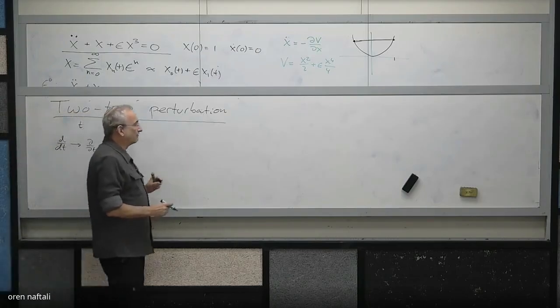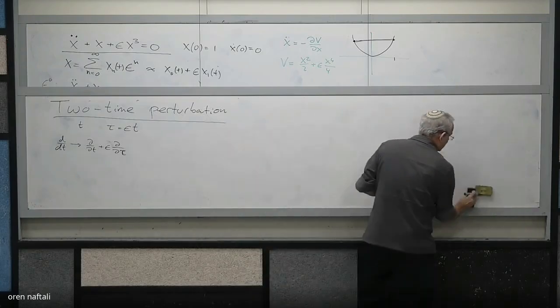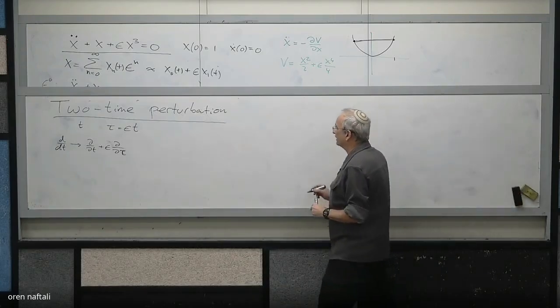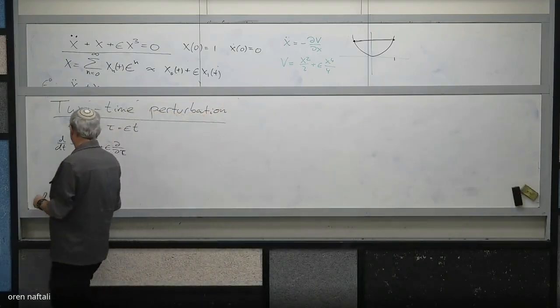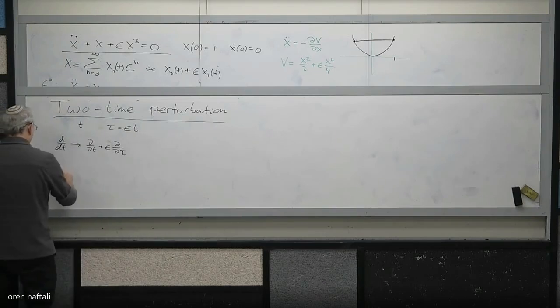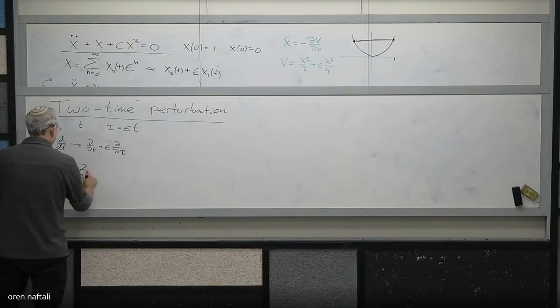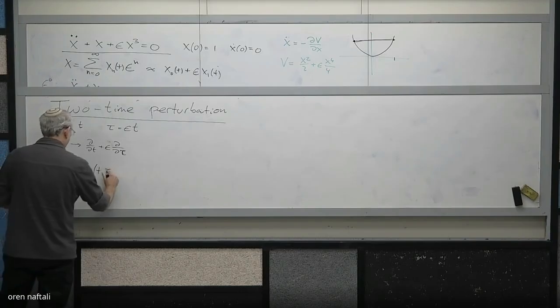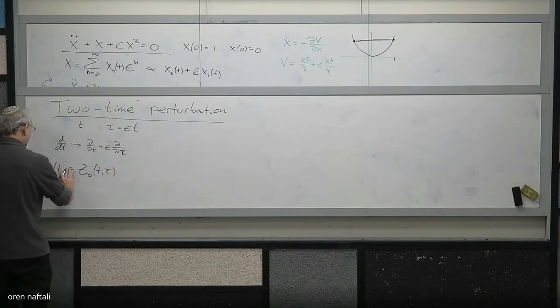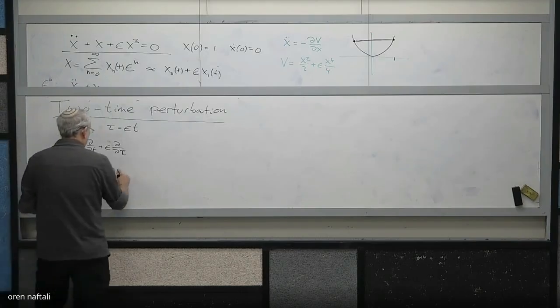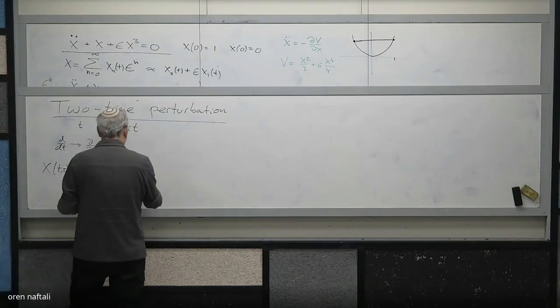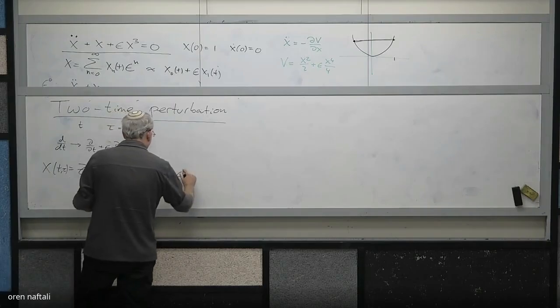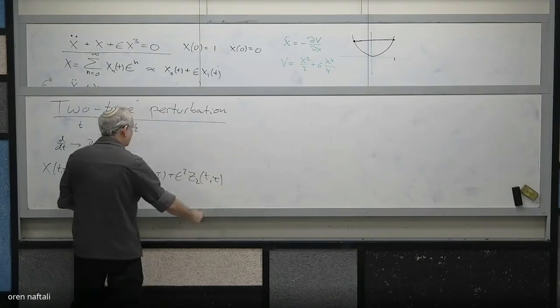So I will write x of t and tau as x naught of t and tau, plus epsilon x1 of t and tau, plus epsilon squared x2 of t and tau, and so on and so forth.